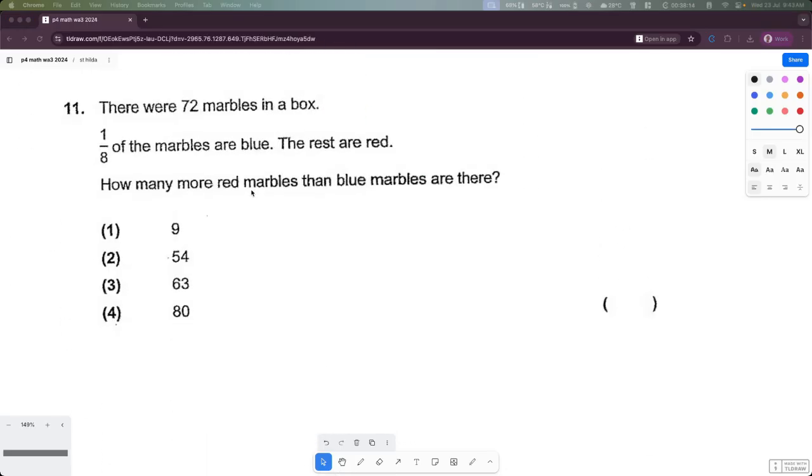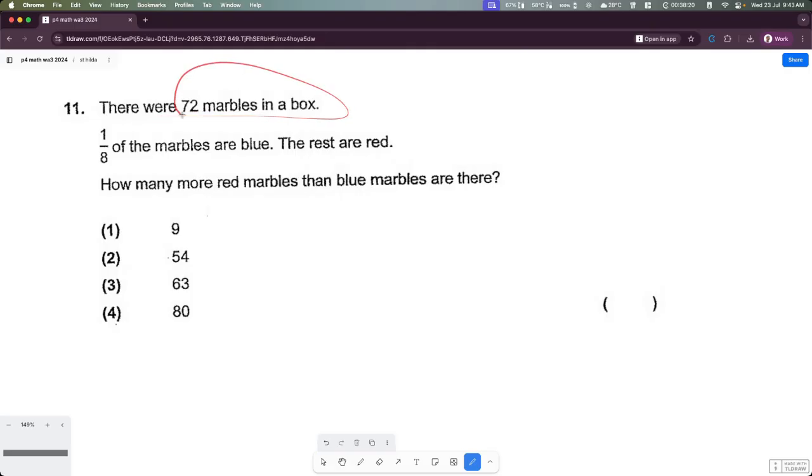Question 11. There were 72 marbles in a box. One eighth of the marbles are blue, the rest are red. How many more red marbles than blue marbles are there? What we need to do is calculate the blue marbles and the red marbles.